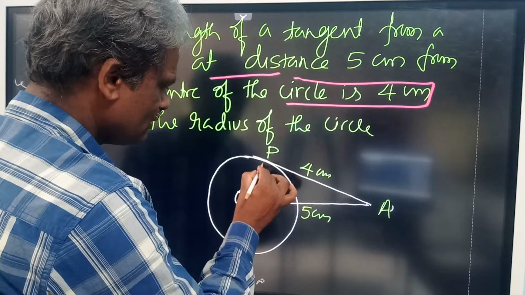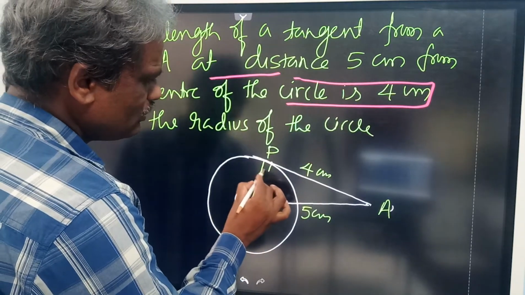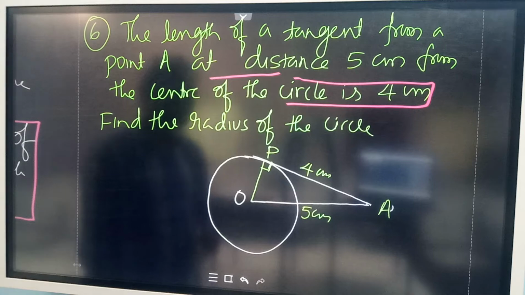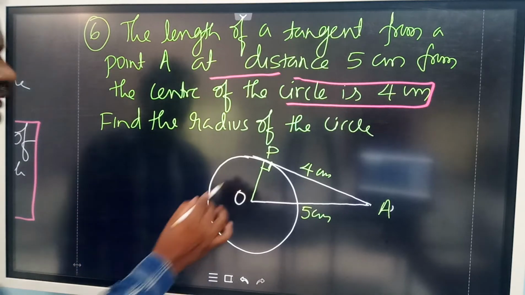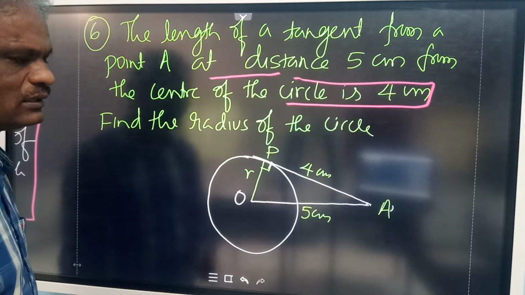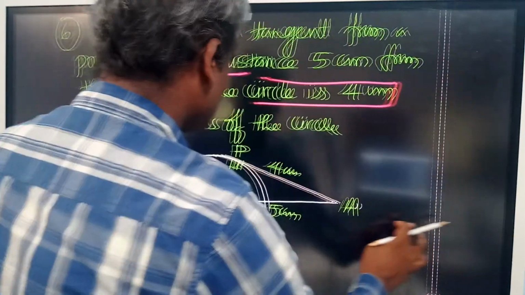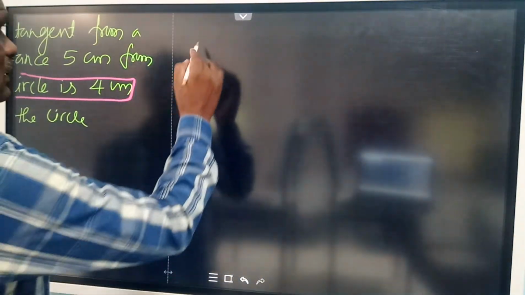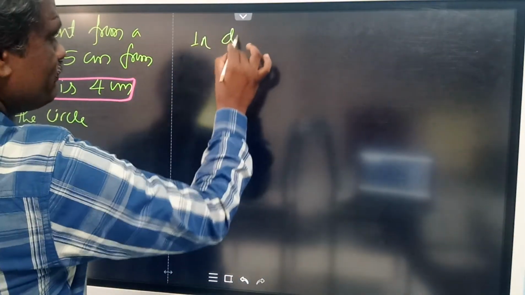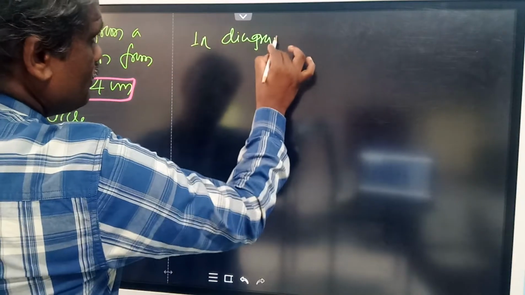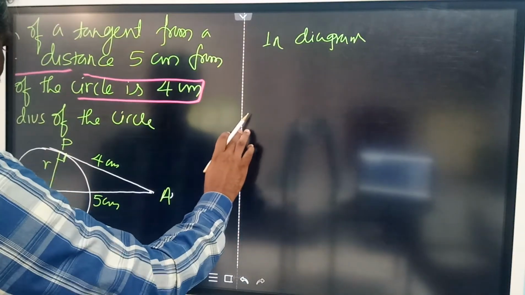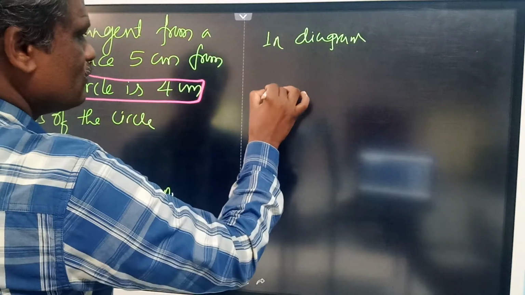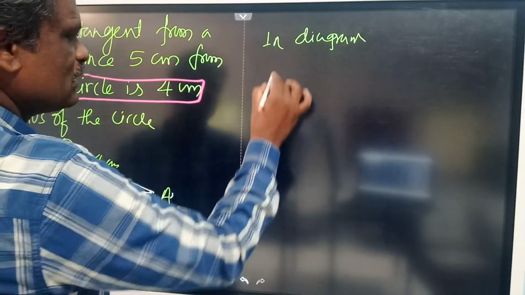You join this one. You know that the radius and tangent are always perpendicular. We have to find out the radius r here. So in the diagram, you can write OA square, Pythagoras theorem.